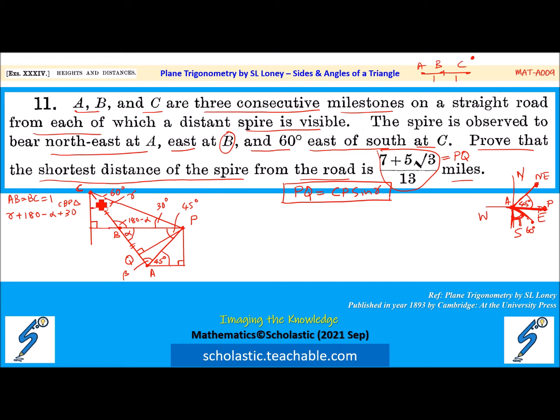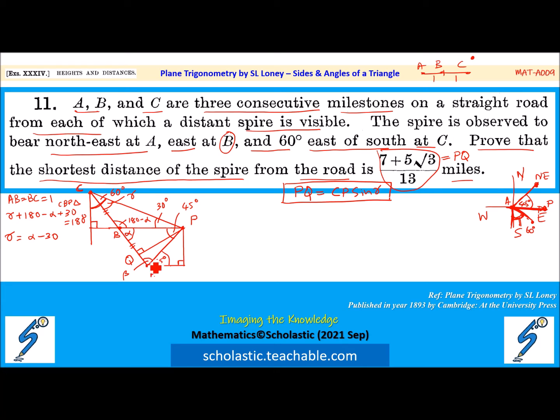So we get this equal to 180 degrees, correct? When you add all three angles of a triangle, it should be equal to 180 degrees. Therefore, gamma is equal to alpha minus 30 degrees.